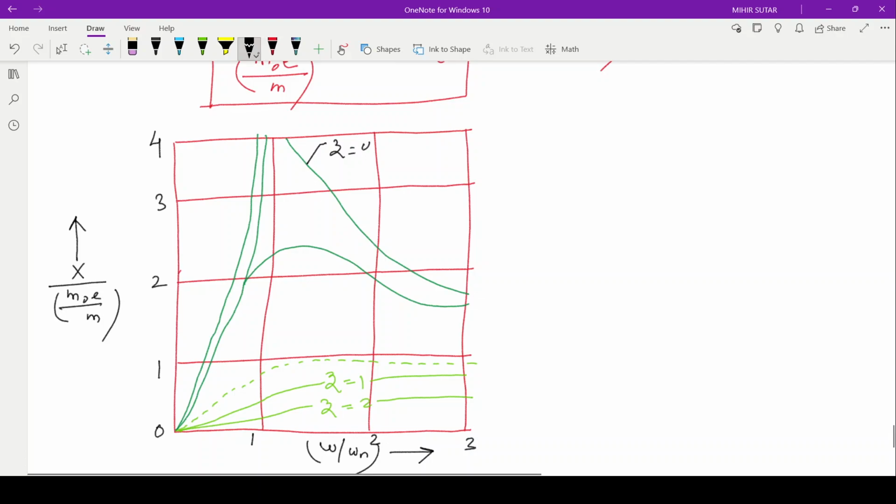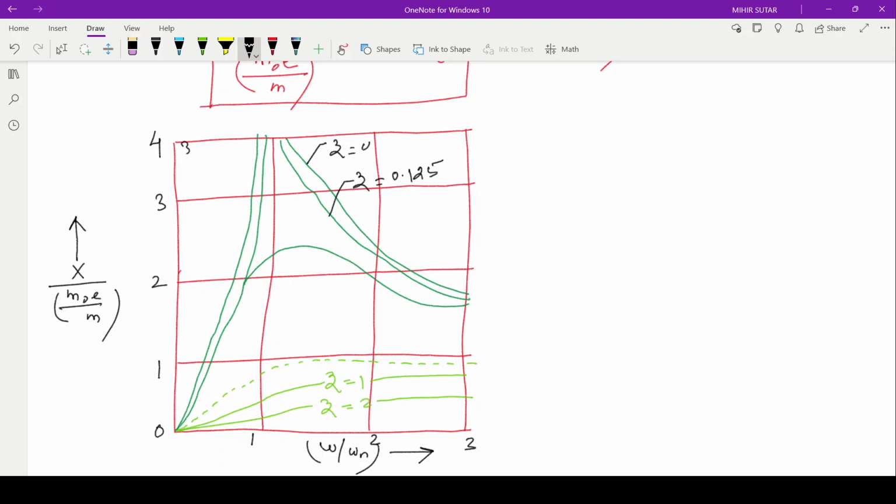Then you can take another line, zeta 0.125.